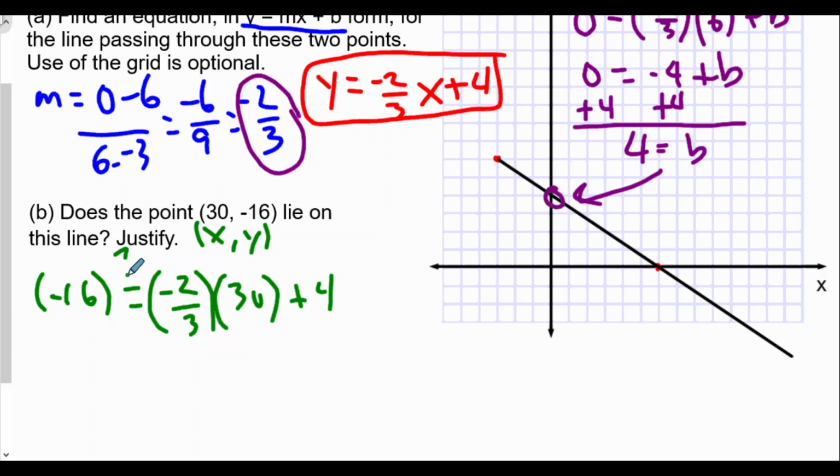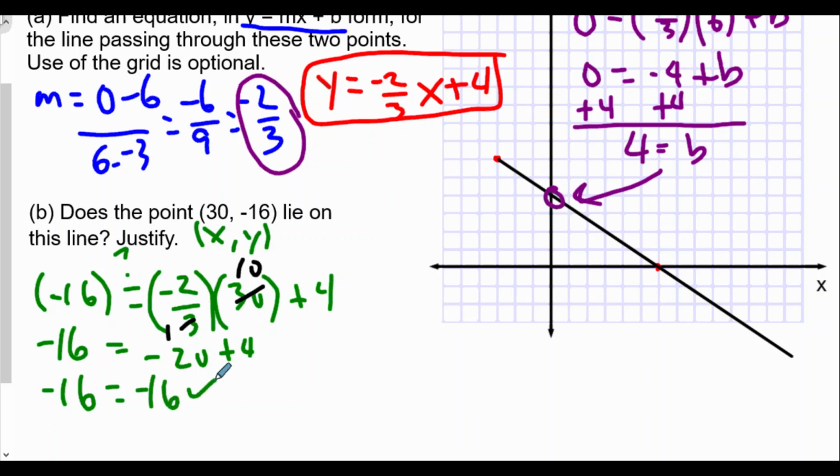Does the left side equal the right side? 3 goes into 30 10 times, so we get -2 times 10, or -20, plus 4. And we see -16 equals -16. So yes, the left side equals the right side.